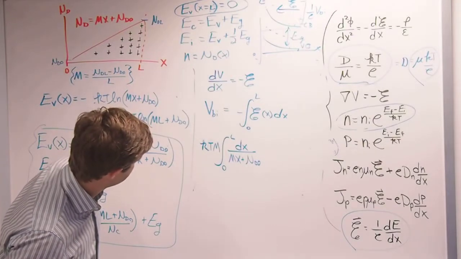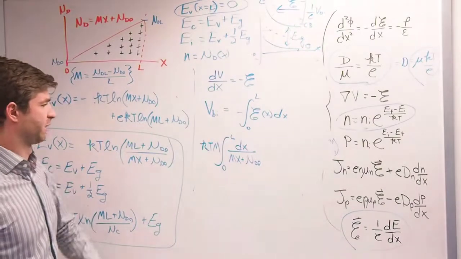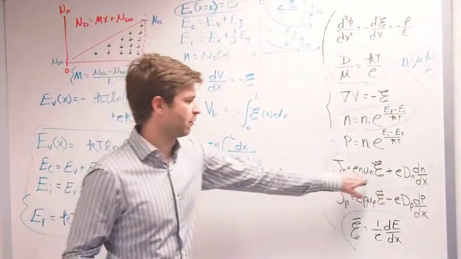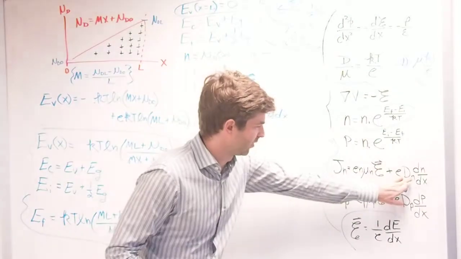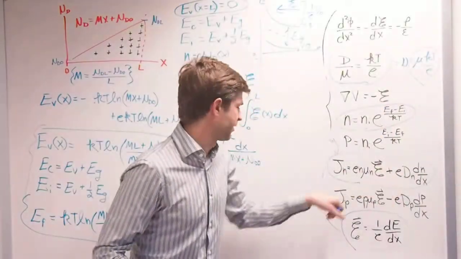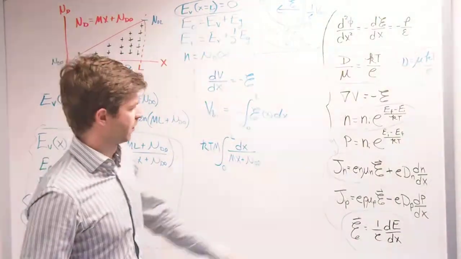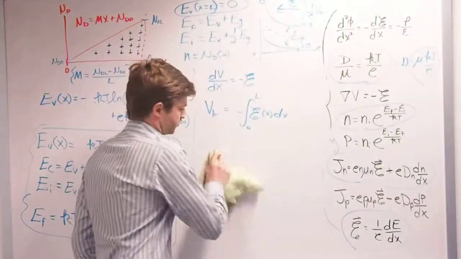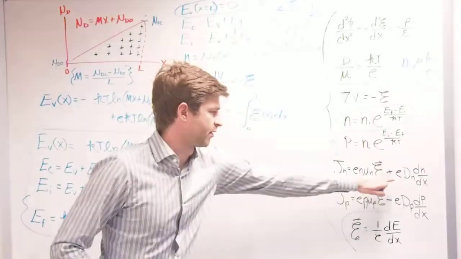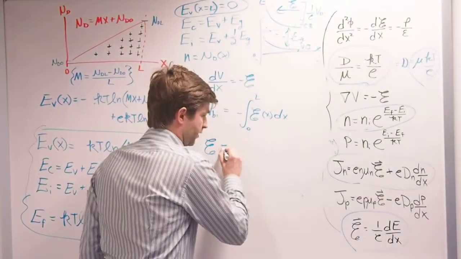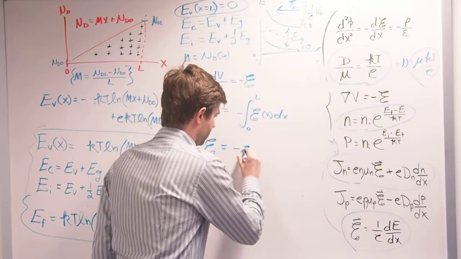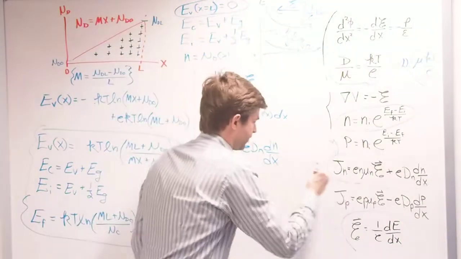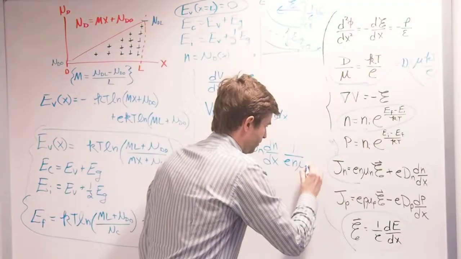Am I missing anything there? No, this is what we derived last time from this term right here. We set Jn equal to 0 and solve for E. We solve for dn using this up here. Our e's cancel out, and we just have this right here. Well, I'll just derive it again. Using this equation and setting it equal to 0, E is equal to negative dn over dx, which is just m, times 1 over e n mu sub n.